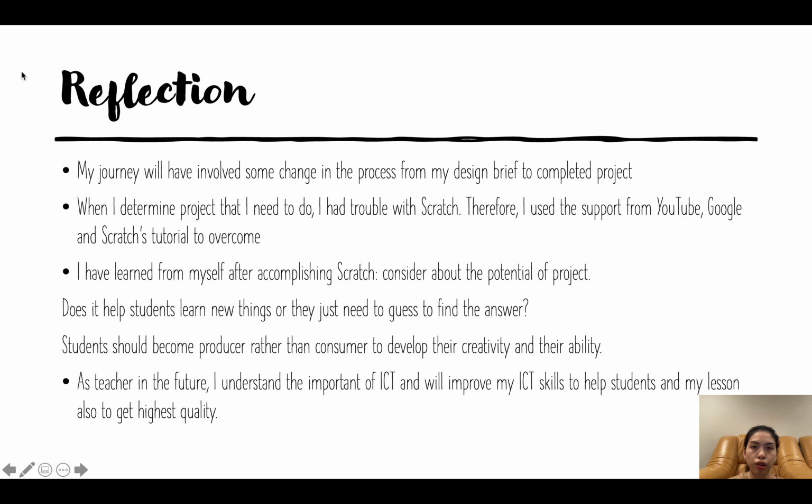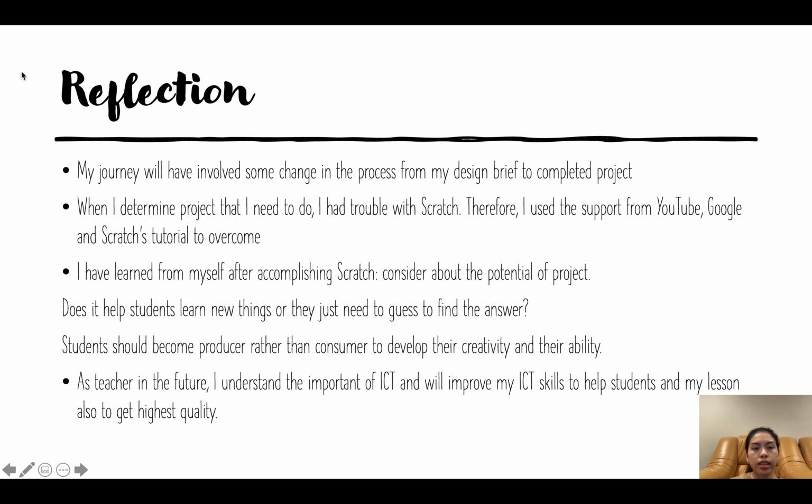I think I need to ask myself some questions before I do the brief or project, such as whether students learn something new or just need to find the answer, or whether students should become producers rather than consumers to develop their creativity and abilities.